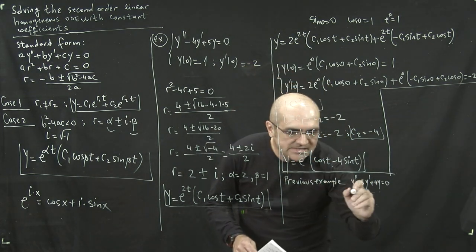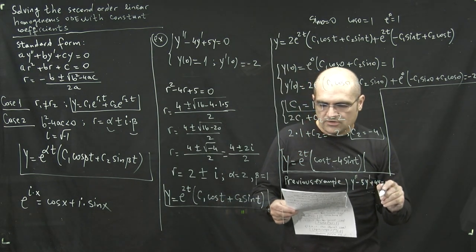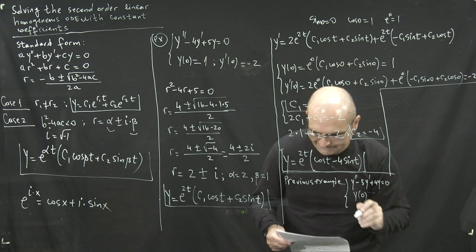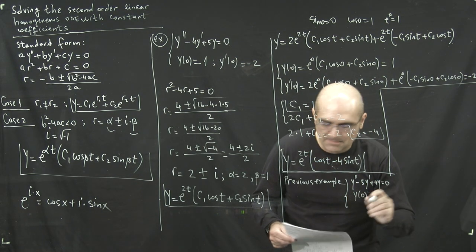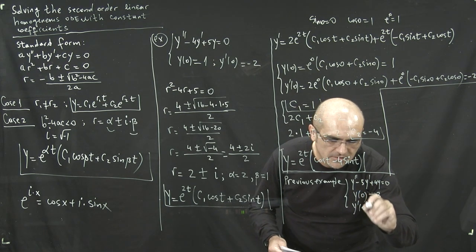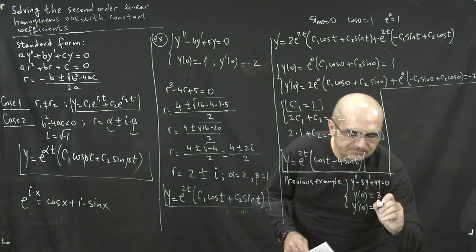So let's attach an initial condition to this. So let's suppose y of 0 equals 3. And let's suppose the initial velocity, for example, y prime of 0, let's say that's 0.